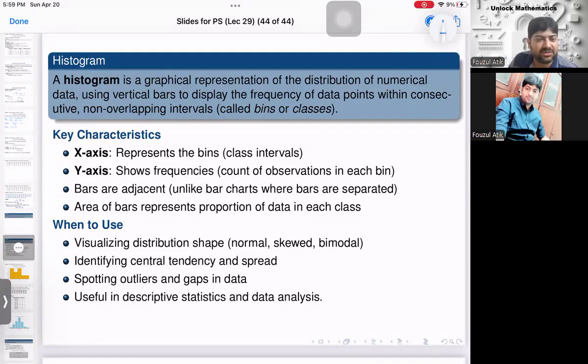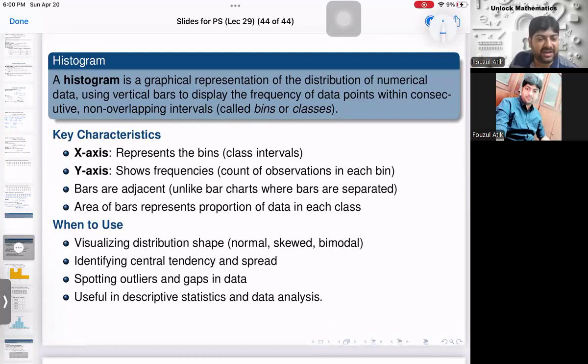We can use this histogram to visualize the distribution shape, whether it is normal, skewed or bimodal. We can use this to see the central tendencies and spread, how it is spread, where the central tendencies are. From this representation, we can also identify the mean, median, mode.